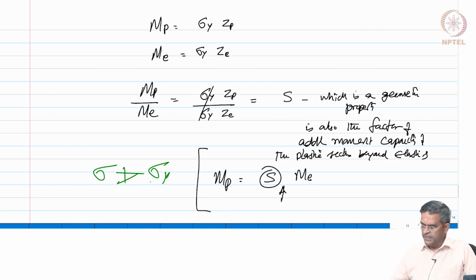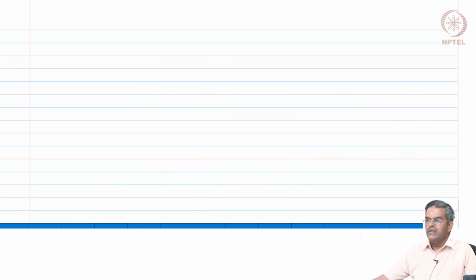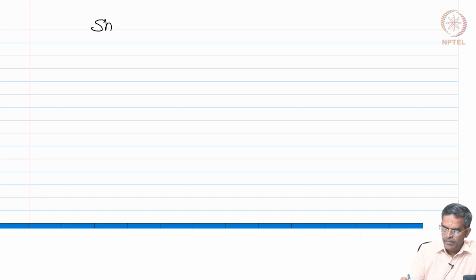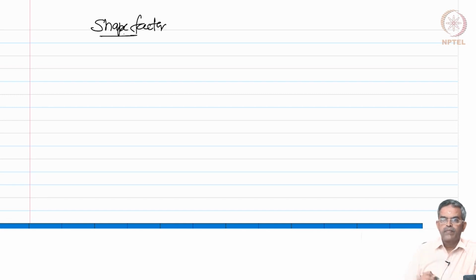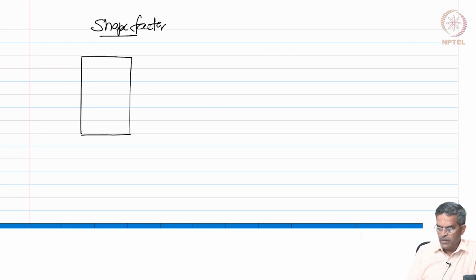Having said this, let us try to work out shape factor for a rectangular section. It is a geometric parameter. Let us do it for a rectangular section. Let us take this H. Okay.